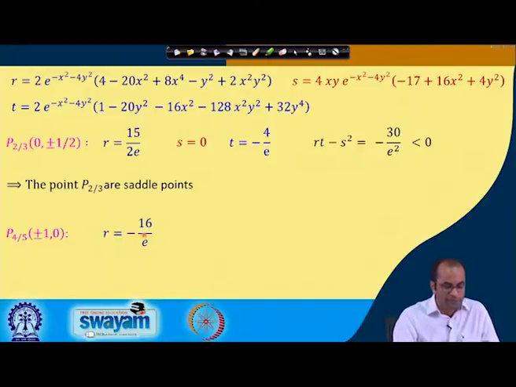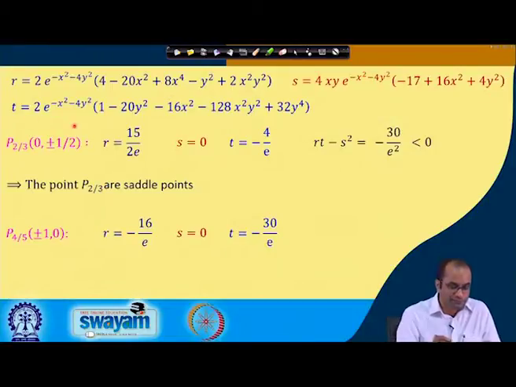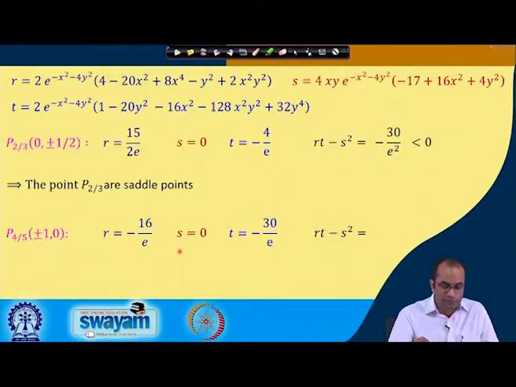So, here r is minus 16 over e square, and s is 0 because y is there in the expression. So, we will get 0, and t will be minus 30 over e from this expression here. Again we have to compute this r t minus s square, and in this case r t we get positive again, 480 over e square.